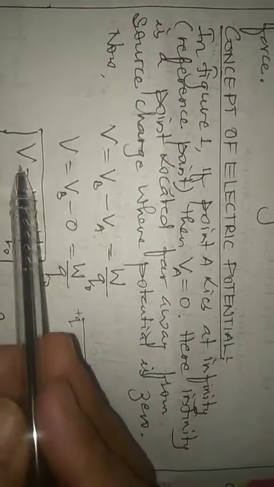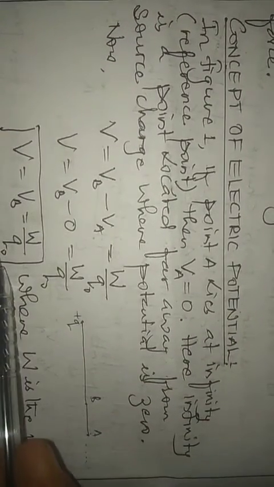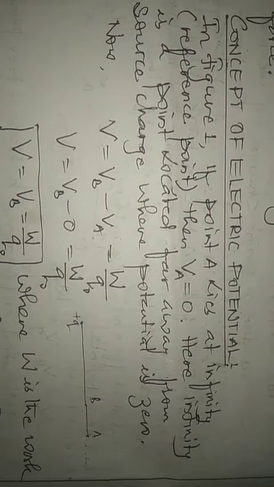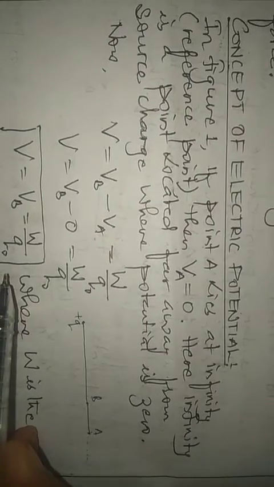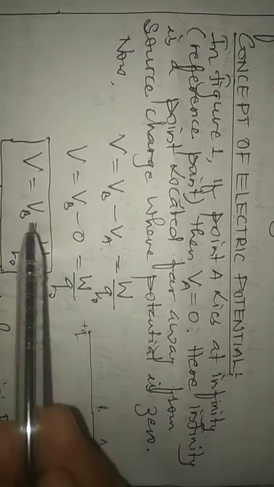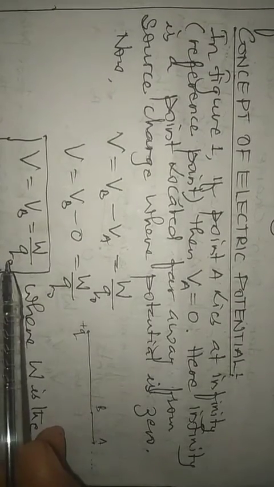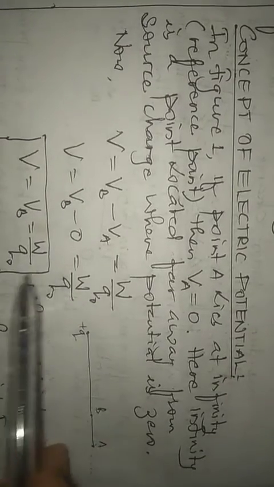That's why VB, the potential at B, equals the work done to bring the test charge. Remember, when you define electric potential at any point, it is necessary that the test charge be located at infinity, and you must bring the test charge from infinity and keep it at that point. So VB equals W by Q naught.